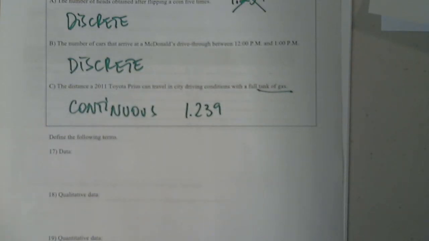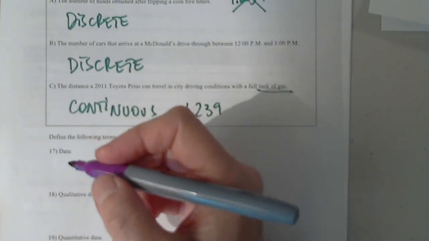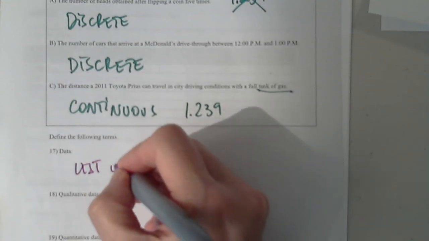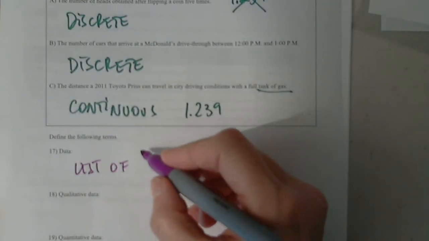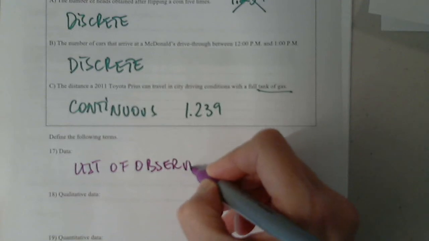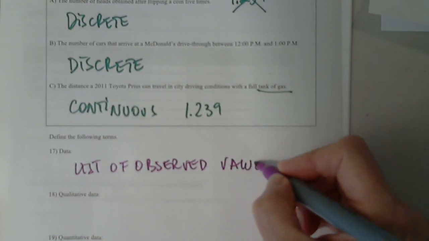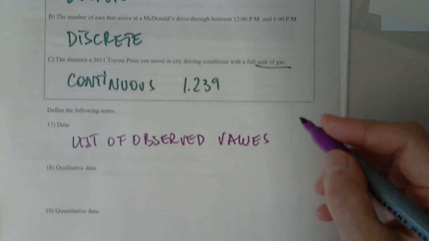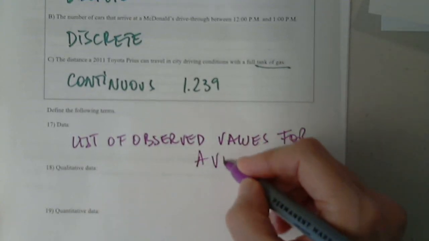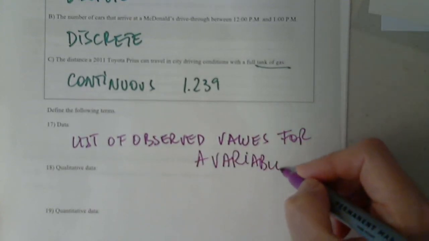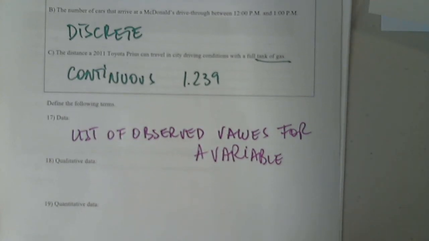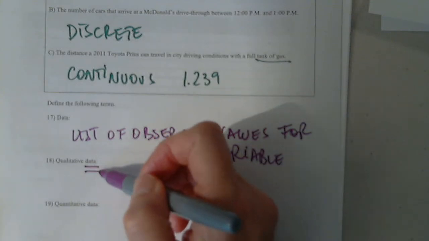Okay, very good. So what is the data? It's what we observe. So list of observed values for a variable. What is qualitative data?